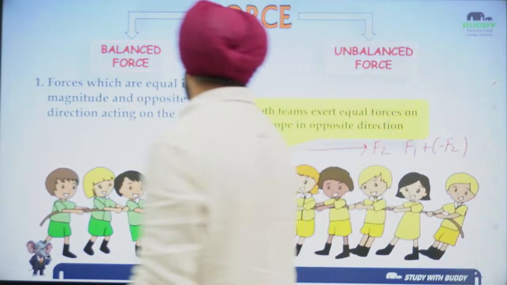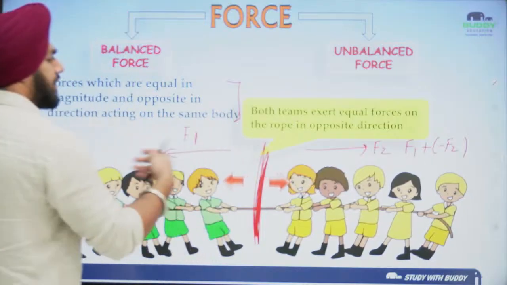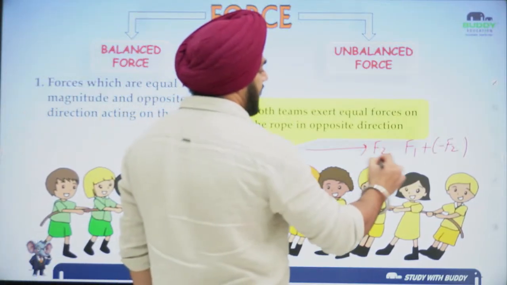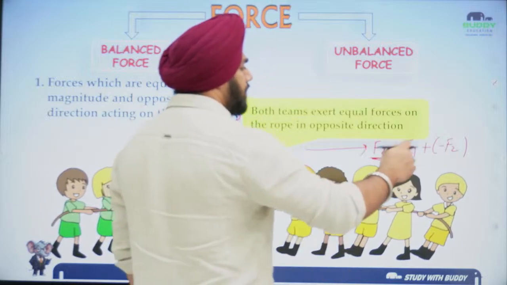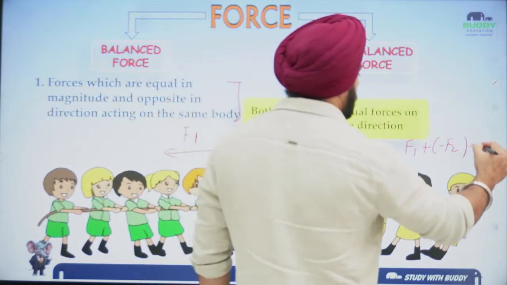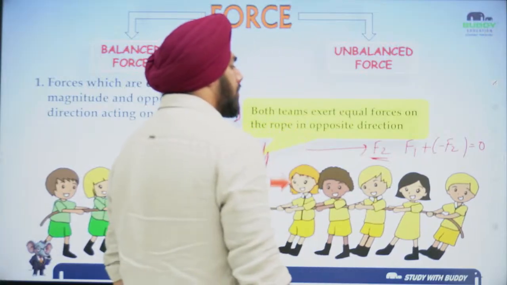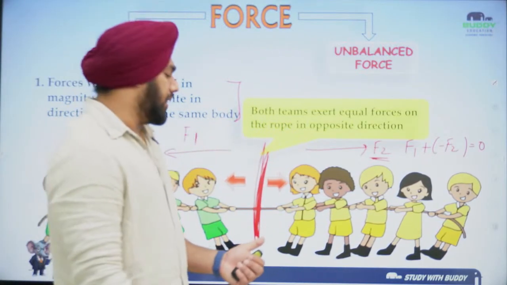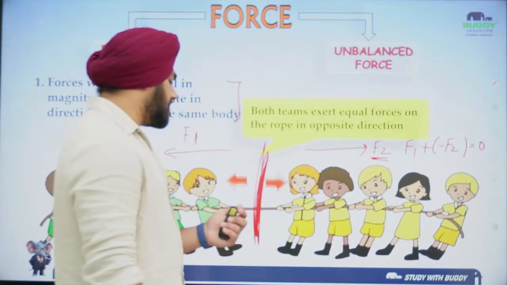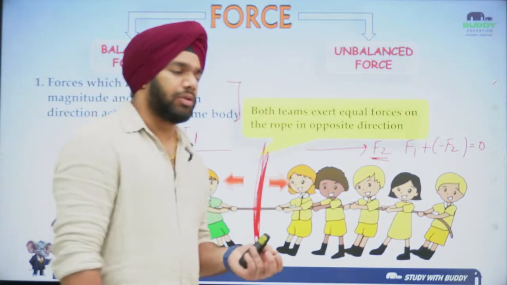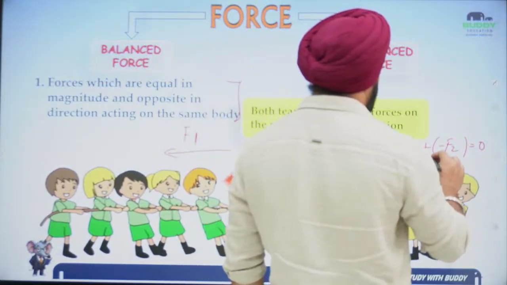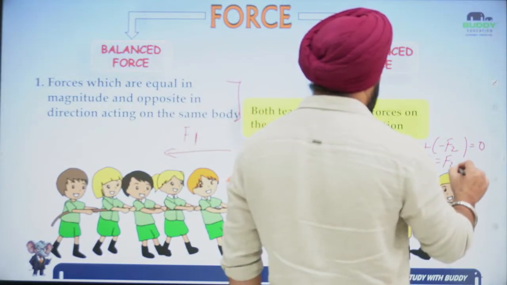Okay. So here F1 is acting on the left hand side and F2 is acting on the right hand side. So on the right hand side I have taken negative. So F1 plus minus F2 is equal to 0, because the net force acting is zero, there is no change. So we can write F1 is equal to F2.